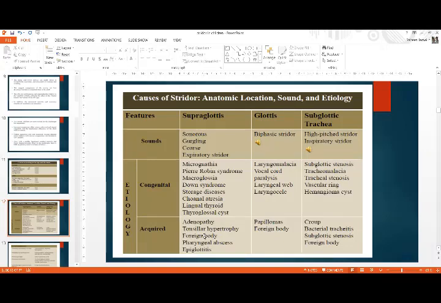And if it is an acquired etiology, then we should consider adenopathies, tonsillar hypertrophy, foreign bodies, pharyngeal abscess, epiglottitis, and papillomas, and foreign body for the glottic level, and tracheitis, subglottic stenosis and foreign body for the subglottic etiologies.